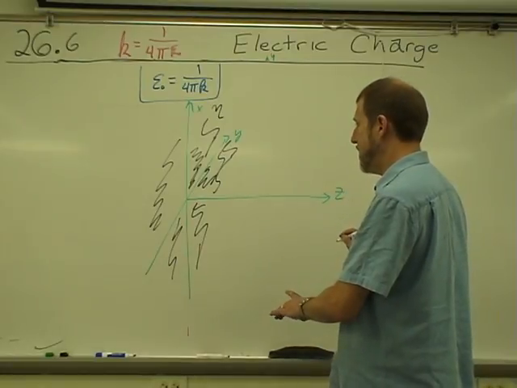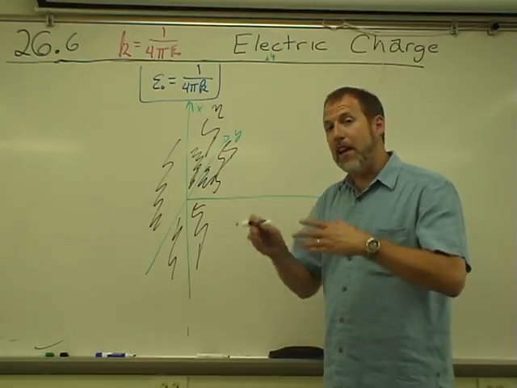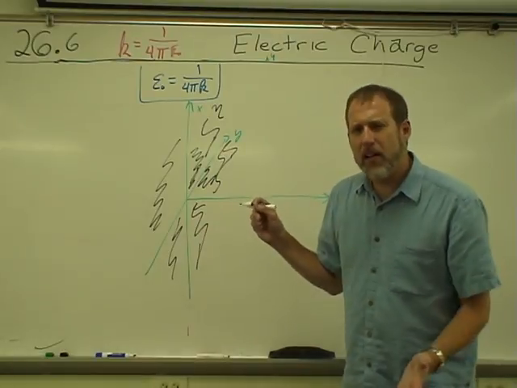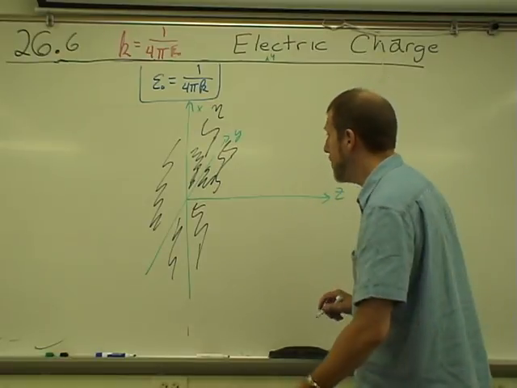Now, how can that be useful? Well, in the same way that we took that line of charge and said, you know what, if we're really close to a line of charge, let's just treat that as infinite. It makes the math easier.